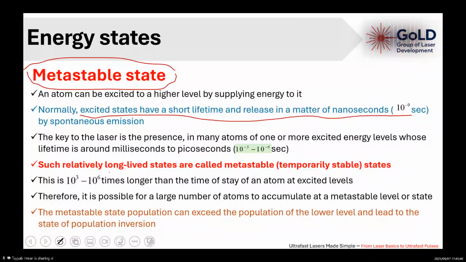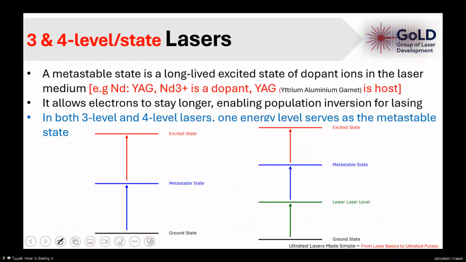So relatively long-lived states are called metastable states. They are not temporarily generated states. When we use the dopant, then it happens, and this metastable state helps to have a population inversion. The diagram later may help you understand more.